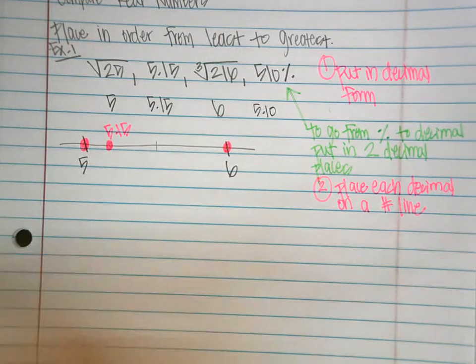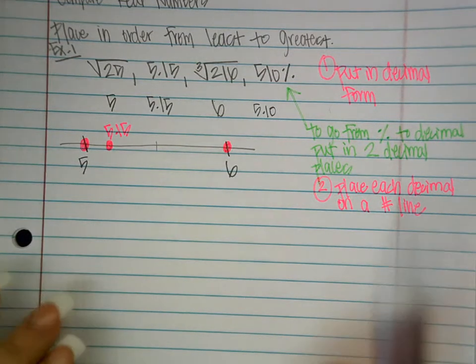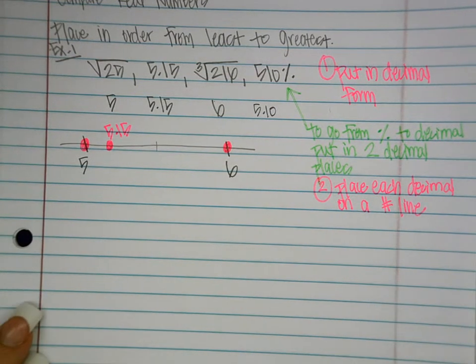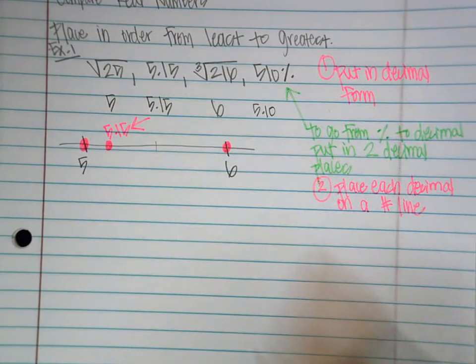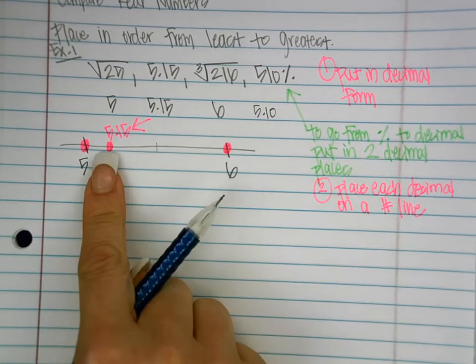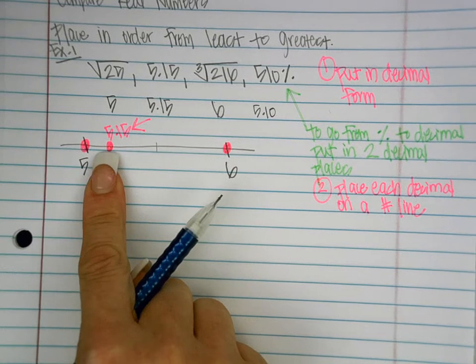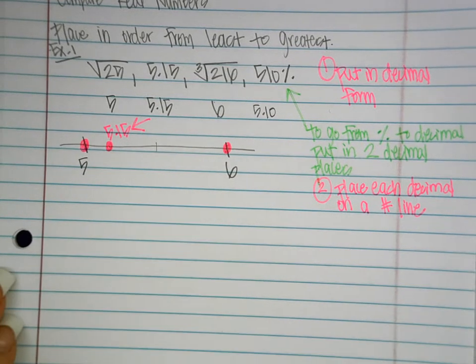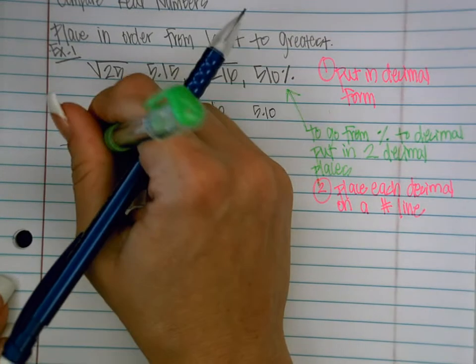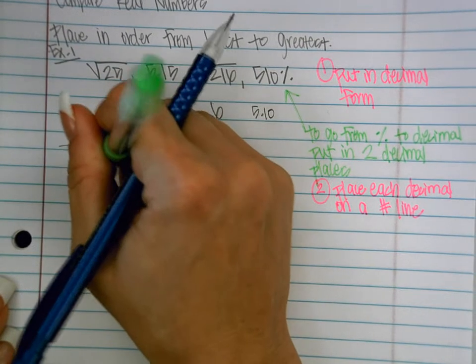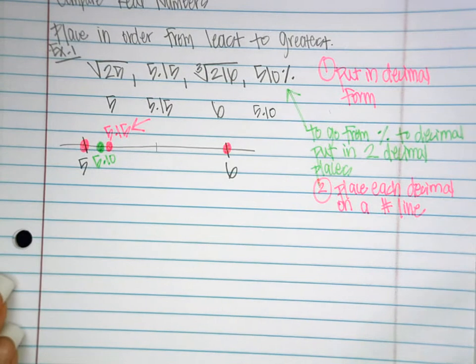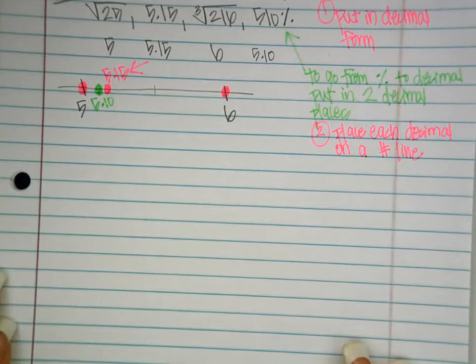Is it on the left or on the right of that? Amber? Is 5.15, or excuse me, is 5.10 bigger or smaller than 5.15? Smaller, so that means it goes on the left. Okay, so this would be 5.10.